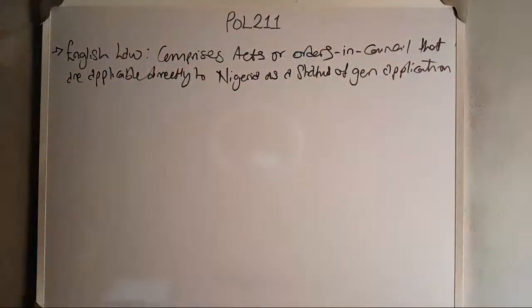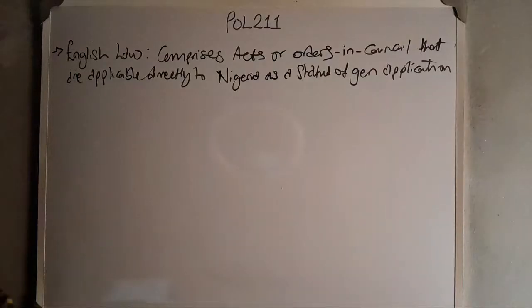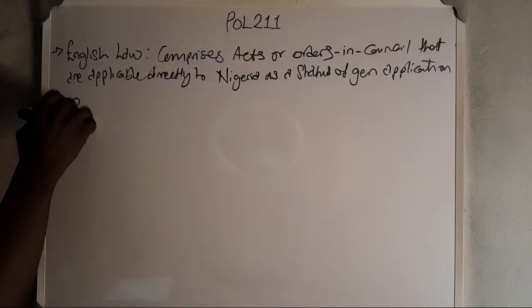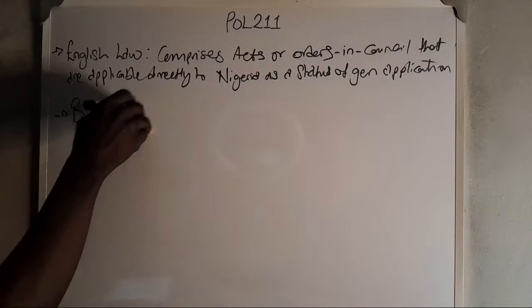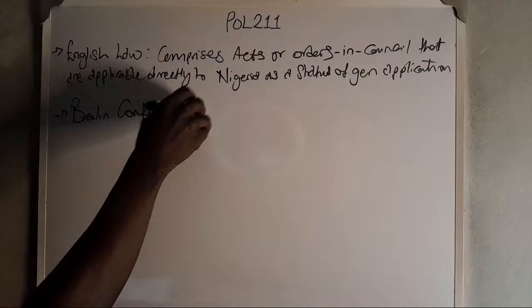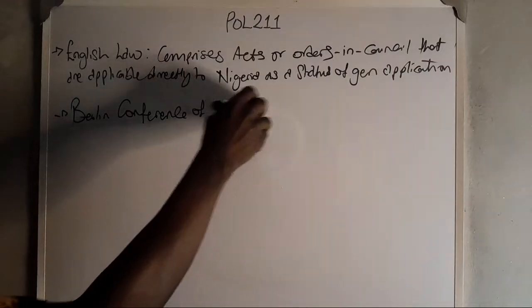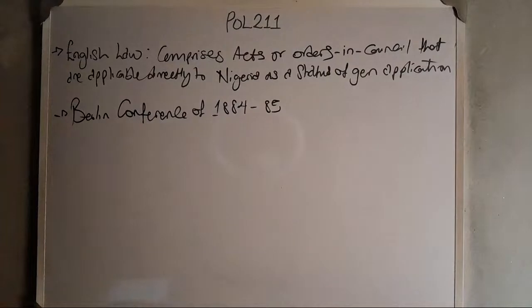Okay, now, following the Berlin Conference of 1884 to 1885, which was summoned by the Chancellor of Germany, Otto von Bismarck, Britain was empowered to control the coast from Lagos up to Calabar.